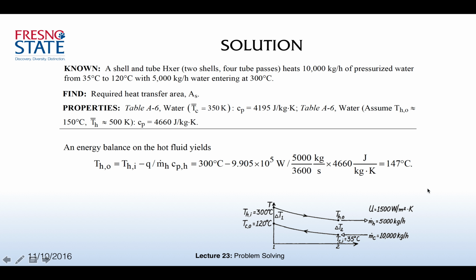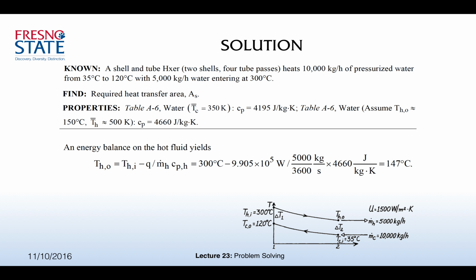Now it's time to test our assumption. We assumed it to be 150. So let's calculate TH out. It's equal to TH in minus Q over m dot H CPH, since Q is equal to m dot H CPH times TH in minus TH out. Q is the same as the Q we just calculated for the cold fluid.